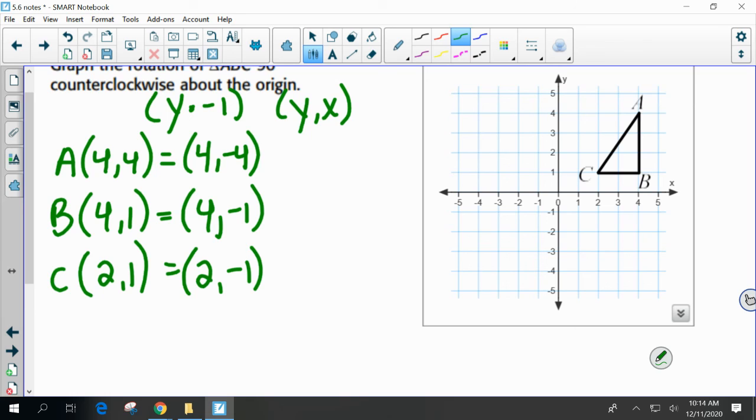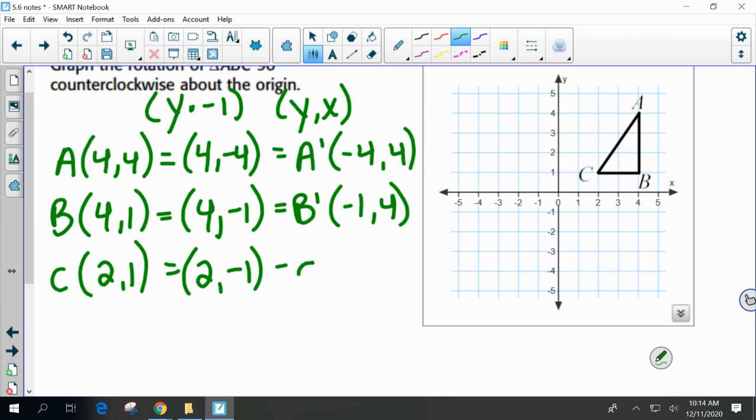And then I need to flip-flop my x and y. So A prime is going to be -4, 4. B prime, -1, 4. And C prime would be -1, 2. And then I'm going to graph it.